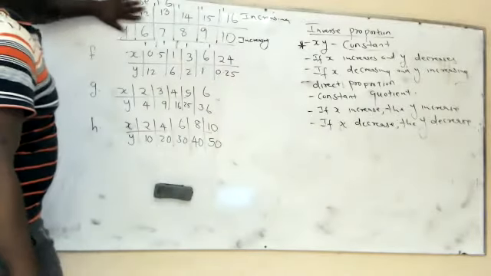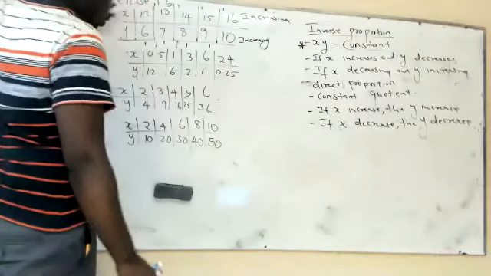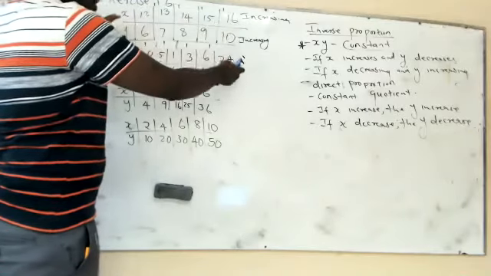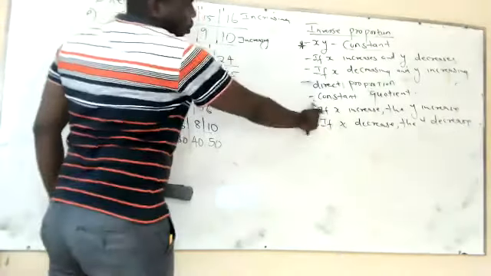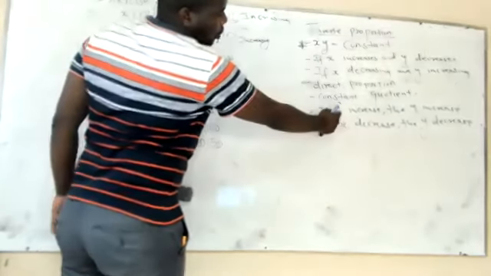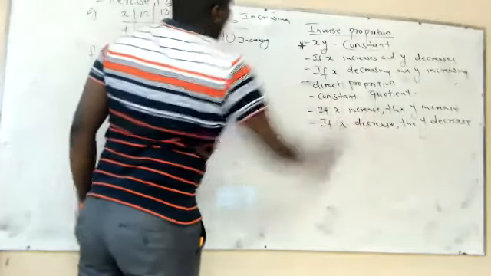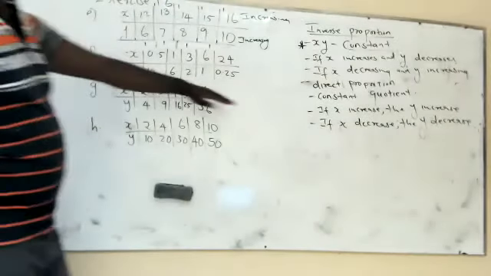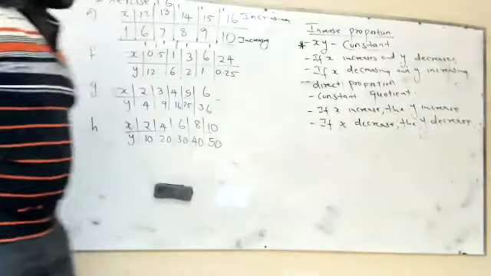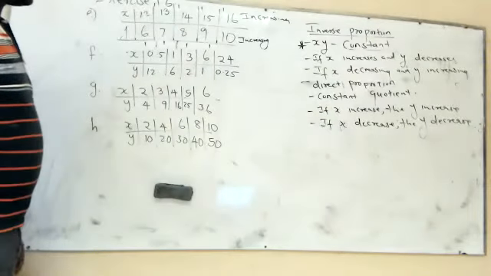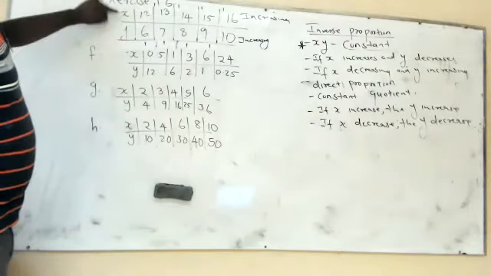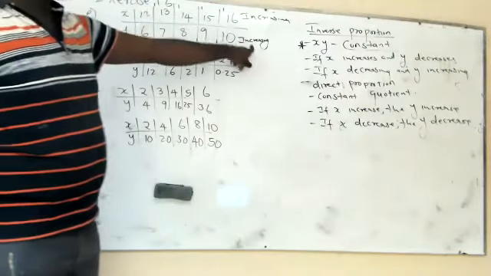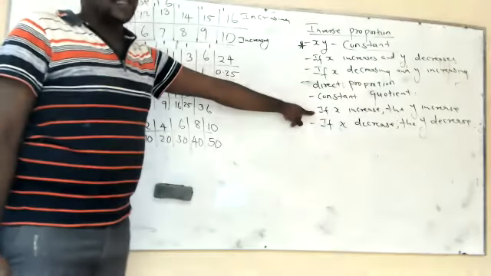Already we checked that we have a constant quotient here, because we have 1 throughout when we subtract the values. Let's check the second condition, where we are told if x increases, then y must increase. Does this table meet this second condition? Yes, it does. Why? Because x is increasing and y is increasing.